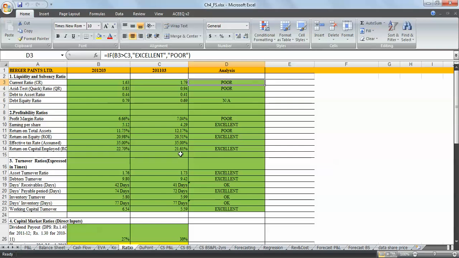Now like this, for profit and loss account ratios, for example the profitability ratios, the profit margin, we have taken it from the profit and loss account sheet. The P&L account sheet is here. So, we interlinked. The formula for profit margin ratio is net profit by sales. So, profit and loss account C23. So, you can go here. This is the profit and loss account sheet.